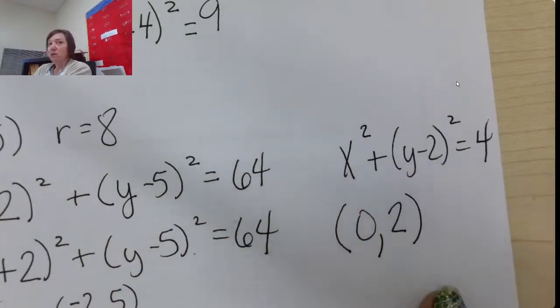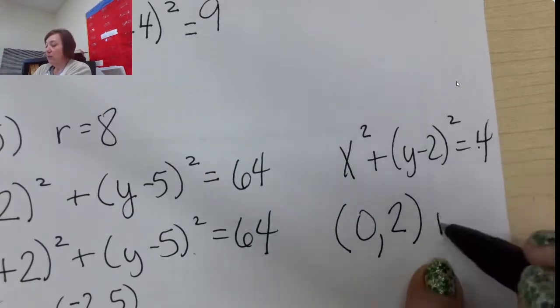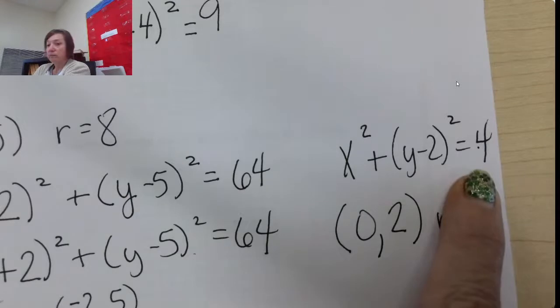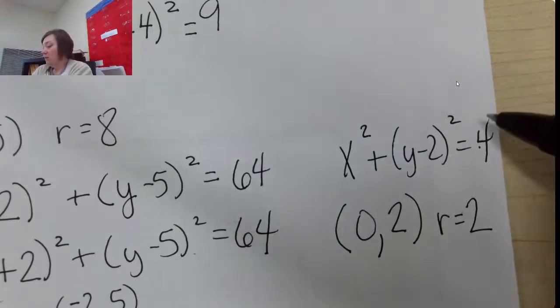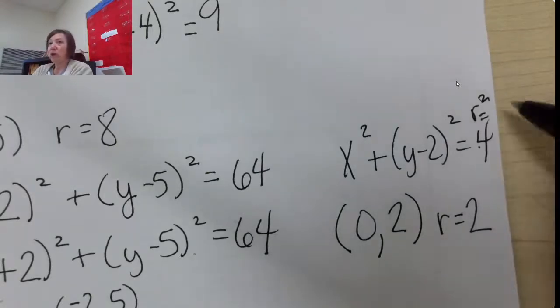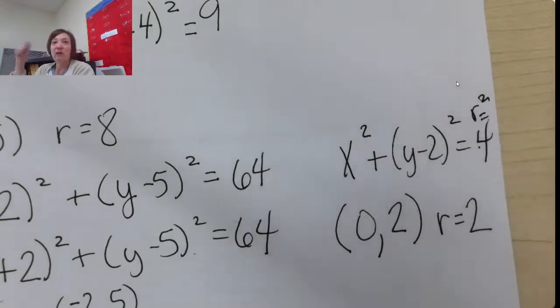Do y'all see how that works? And then what's your radius? 2. Why is it 2 and not 4? Yeah, so this is r squared, right? So if we're trying to look for r, we have to take the square root of that. Everybody following me? Okay, so that is the gist of it.